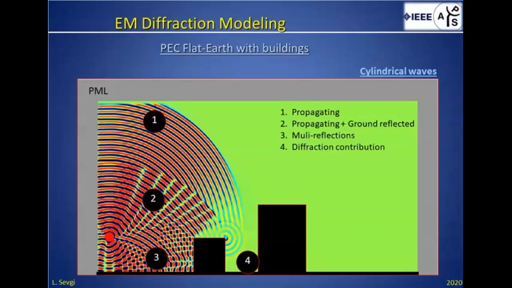Direct and ground reflected waves interfere. If their phases are equal, they form maximum contribution. If their phases are opposite, they cancel each other. Region 3 represents the multi-reflection region.